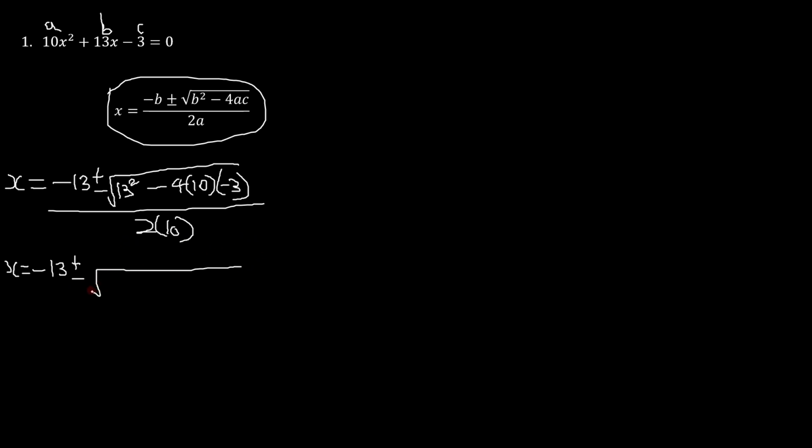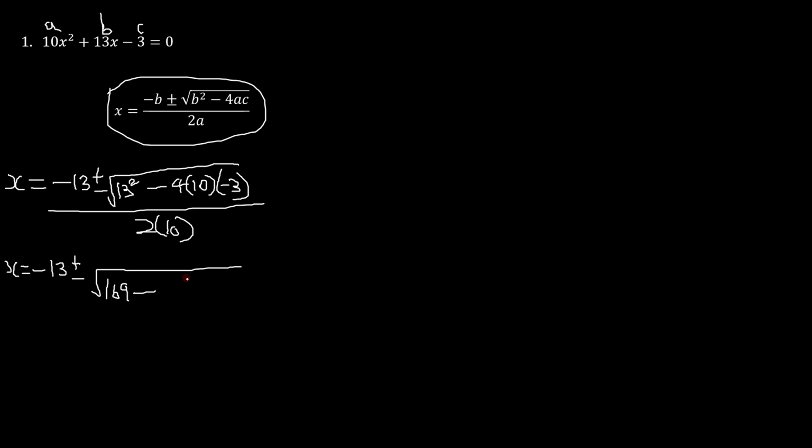So we find out that 13 squared is 169. 169 minus 4 times 10. 4 times 10, that is 40. So 40 times minus 3, which is minus 120.